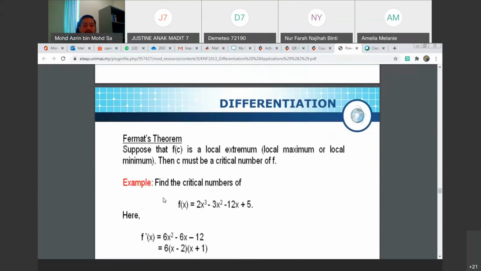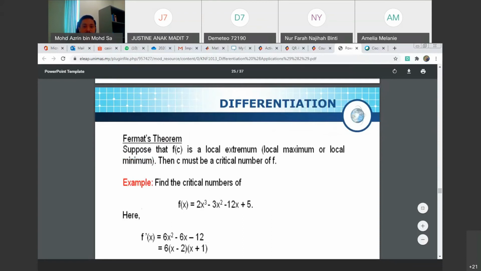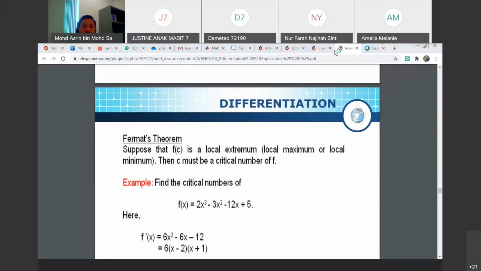So how to find the critical number for this equation, 2x cubed minus 3x squared minus 12x plus 5? You need to differentiate. You will get 6x squared minus 6x minus 12.